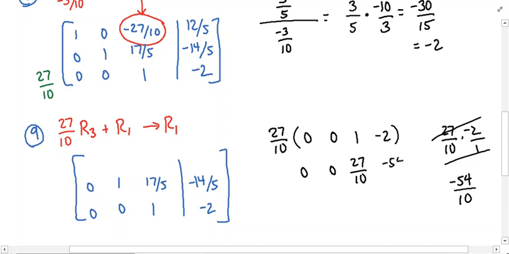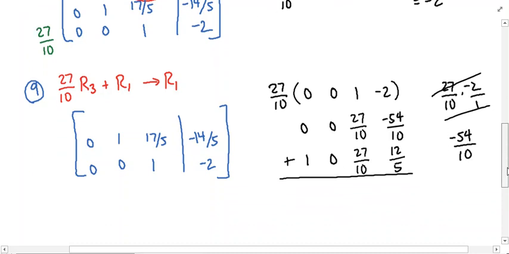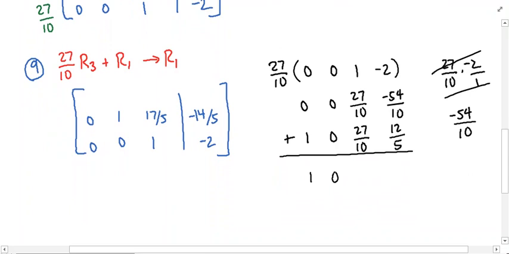So that's what that's going to give you. And then add back to it row 1. So we're going to have to go back to the previous matrix. Write down row 1. So we've got 1, 0, 27 tenths, 12/5.